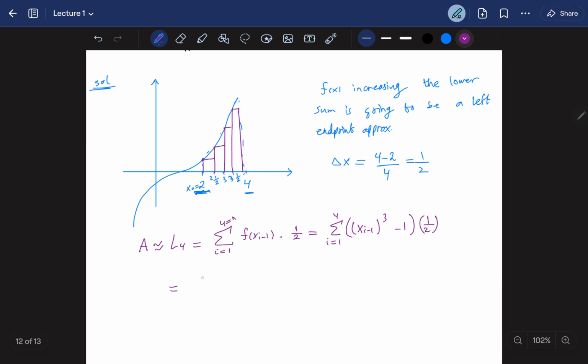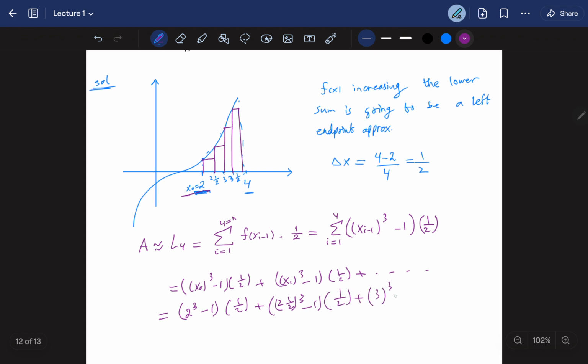Once you substitute, you're going to get x of 0 cubed minus 1, times a half, and so on. So here x of 0 is my 2, so this is 2 cubed minus 1 times a half, plus 2 and 1/2 cubed minus 1 times a half.